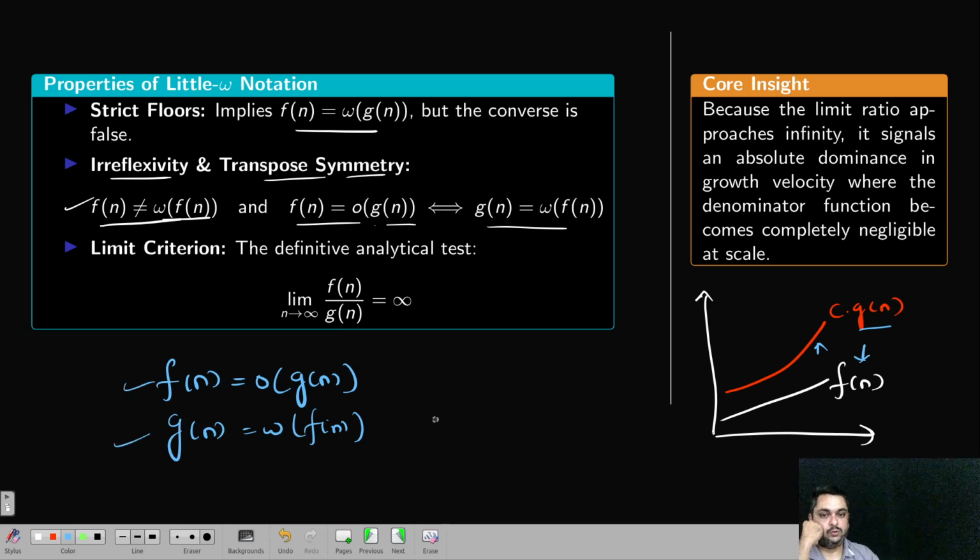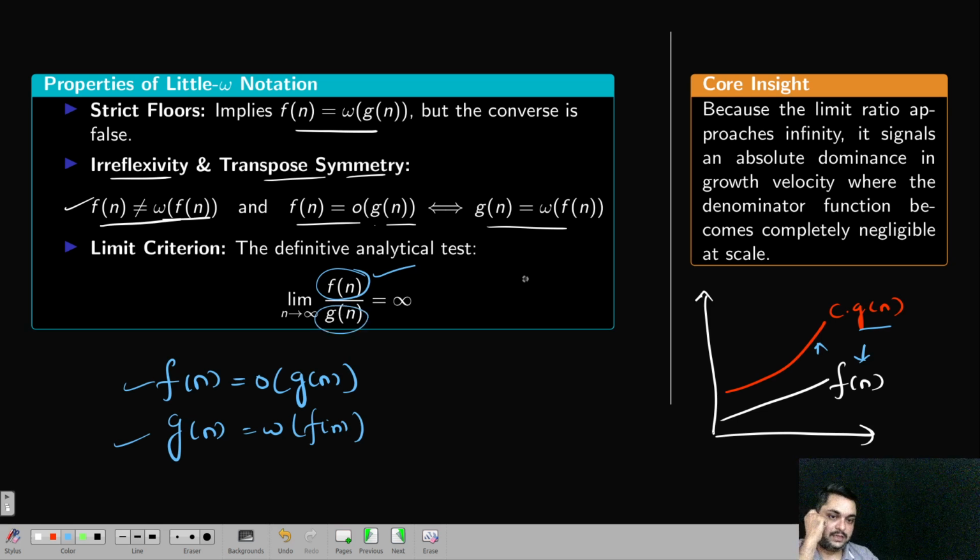That holds true. Then how will you check whether little omega exists or not? For little o the limit was equal to 0, right? Because f(n) is growing much slower compared to g(n). Here it is reverse. f(n) is the lower bound, so it is growing very fast, and g(n) is growing very slow.